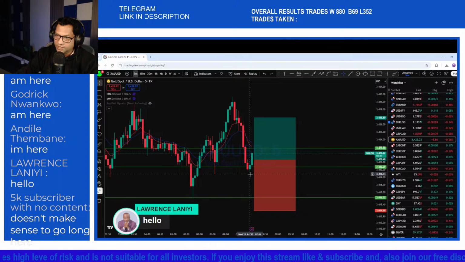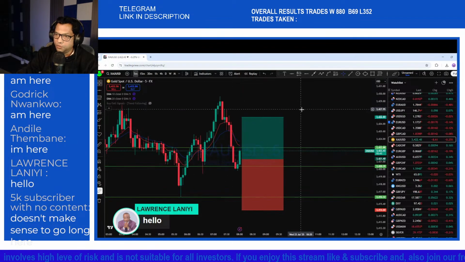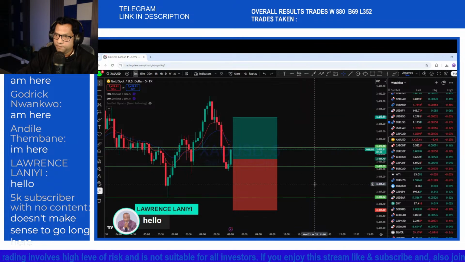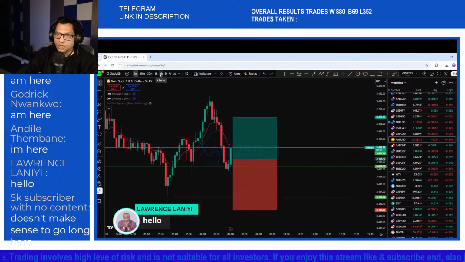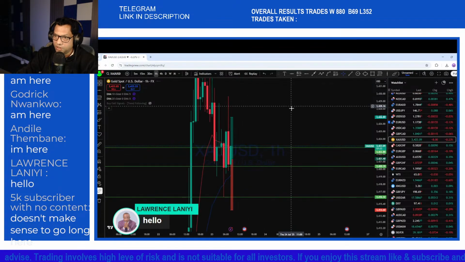It has just got an extension to that support, and from this support it is trying to build up pressure. This is the 4 hour support, and the 1 hour as well.